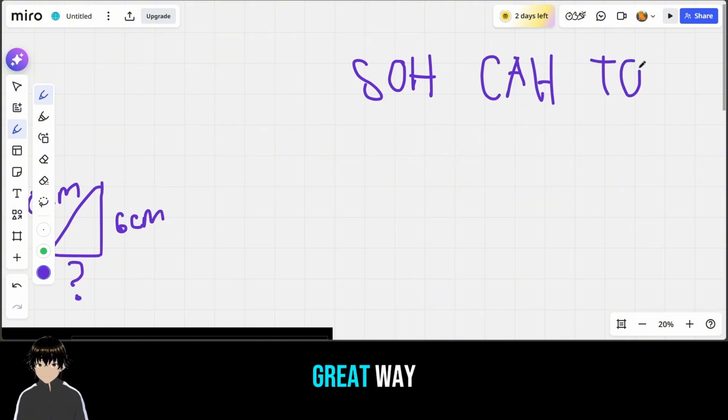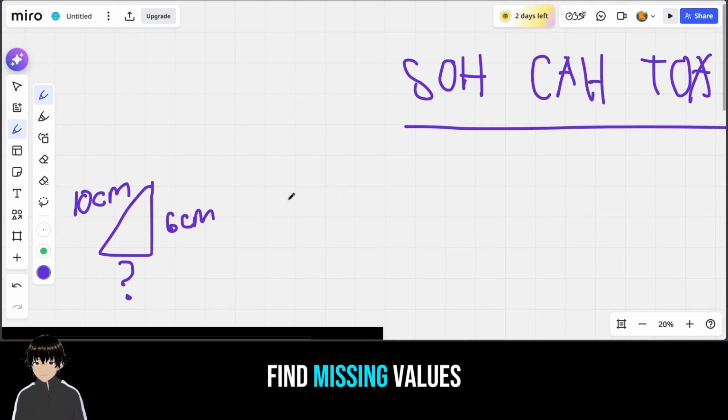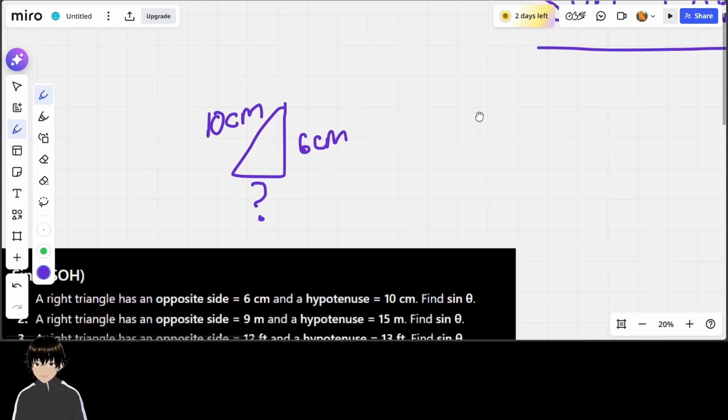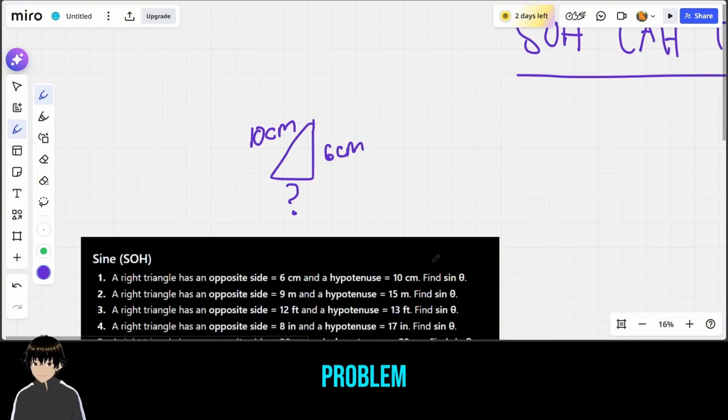This is a great way for us to remember what to do in order to find missing values like sine theta in this problem.